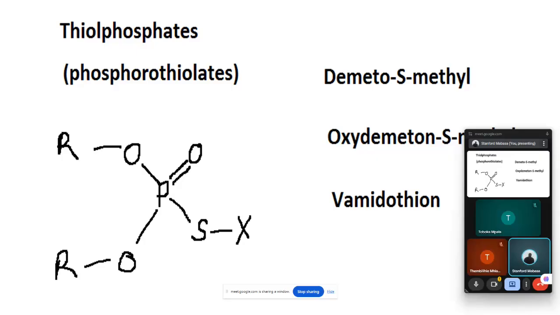Examples: we have the dimethyl S-methyl, oxydimethyl S-methyl, then we have famidothione. Obviously, I don't expect you to memorize some of these names, but at least you have an idea about the structures.